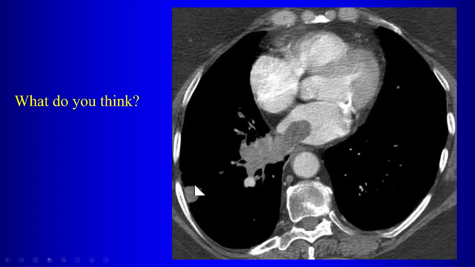So we have a lung nodule here in the periphery, and we have this filling defect in the left atrium. So what do we think that filling defect in the left atrium is? What do we think? So what do we think the tumor is? What's the primary tumor?